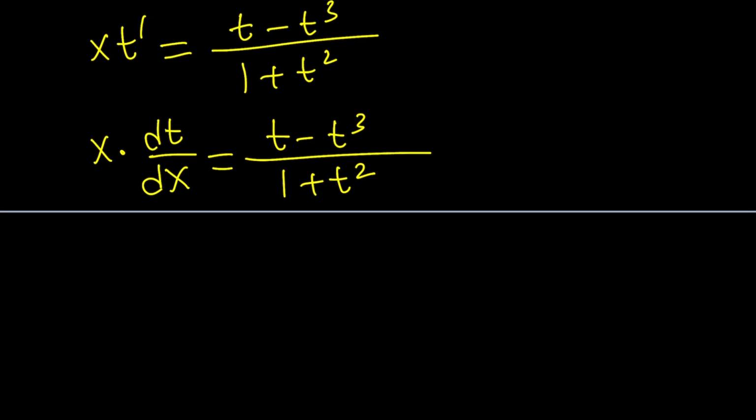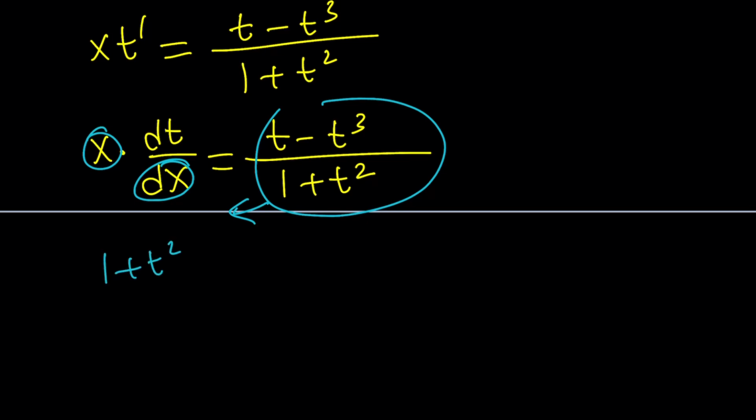I'm going to put this t thing on the left-hand side. So I got to multiply both sides by the reciprocal, and then I want to divide by x and multiply by dx. So I hope this makes sense. I'm going to put everything t on the left, everything x on the right. Okay, ready? 1 plus t squared over t minus t cubed times dt equals dx over x.